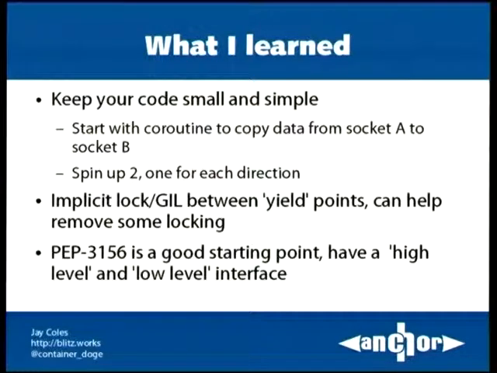One other interesting thing was in the syntax, you've got the yield from, which indicates a point where your code is actually going to block. Between those yield points, it's like having an implicit lock or the GIL. So if you have to do an update on 2 lists, you don't have to take a lock and protect those 2 lists from having updates to them. You've got an implicit lock.